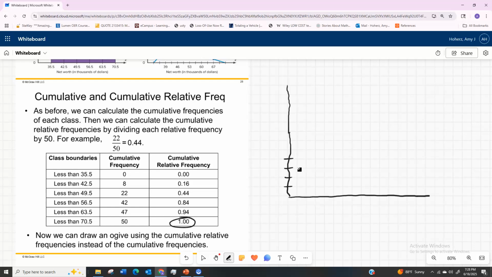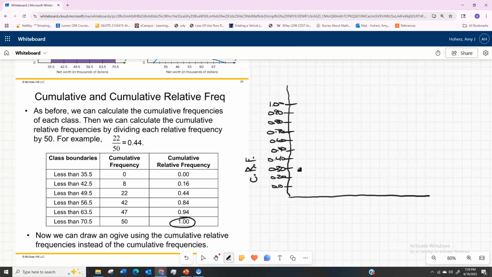So this is 10, 20, 30, 40, 50, 60, 70, 80, 90, and 1. Okay, and this would be the cumulative relative frequency.